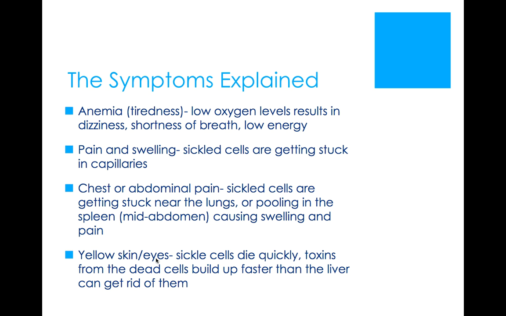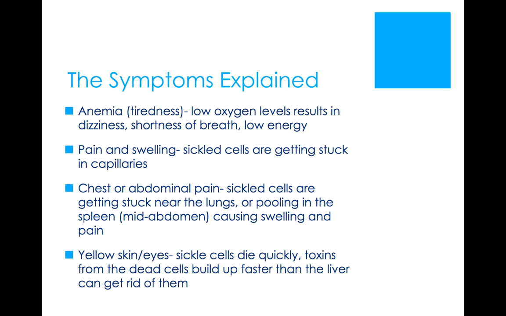And then yellow skin and eyes. A lot of you mentioned yellow fever, or have in the past, or things like hepatitis or jaundice. So your liver actually gets rid of dead blood cells. They also get rid of toxins. And if you have liver damage, for example in yellow fever, your liver can't get rid of toxins, so you start to look yellow.